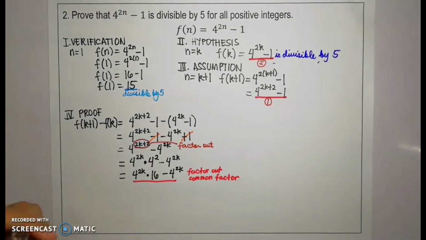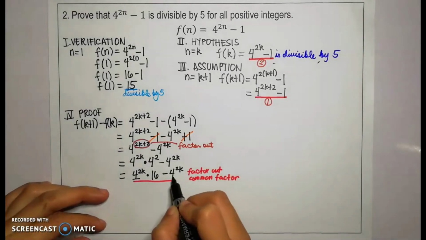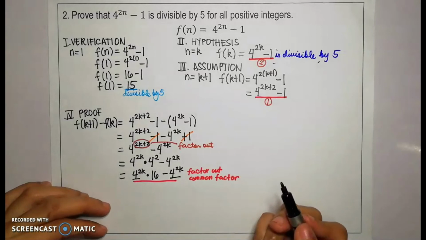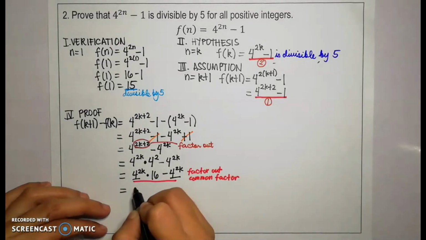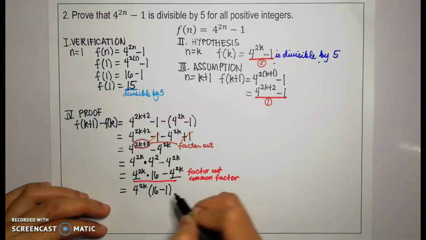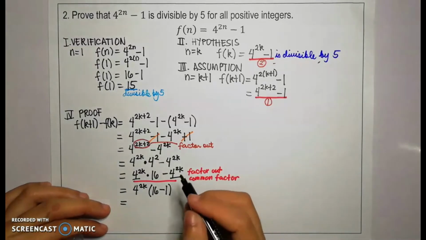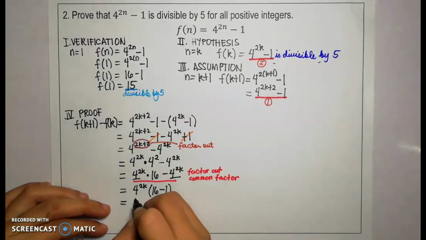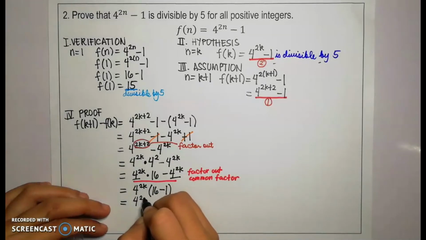Here the common factor is 4 raised to 2k. After factoring, we have 4 raised to 2k times 16 minus 1. Let's evaluate 16 minus 1. We have 15. So 4 raised to 2k times 15.